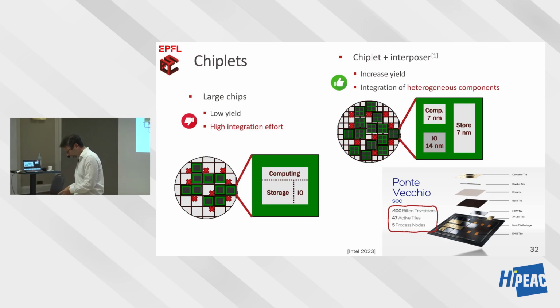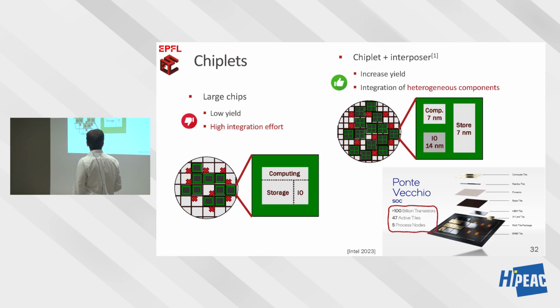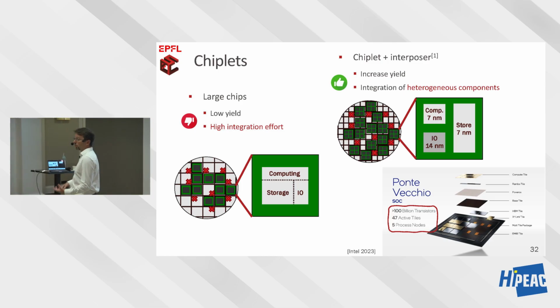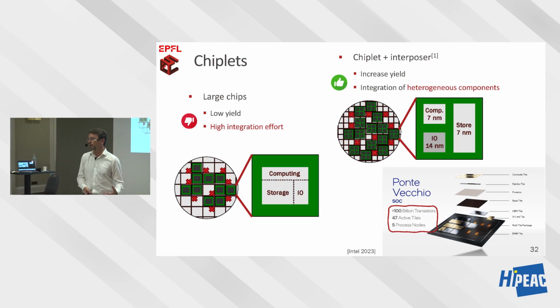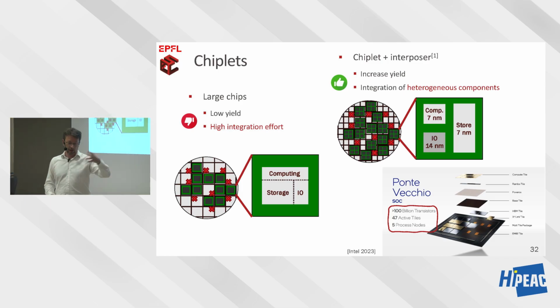The second reason is that by using chiplets, you can mix and match different technologies depending on what you're doing. You can have a chiplet doing radio frequency things, you can have a chiplet doing analog things, you can have chiplets with different criticalities and so on and so forth.